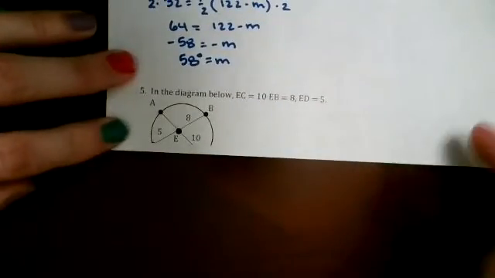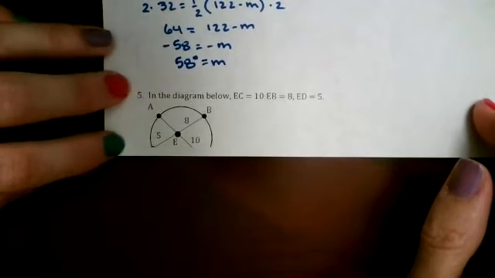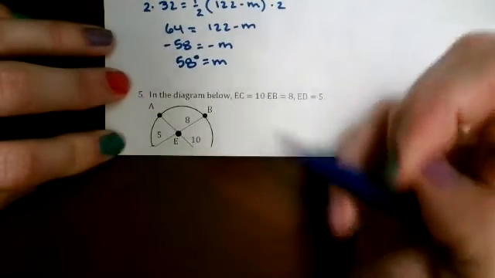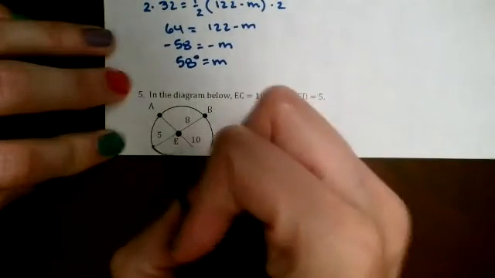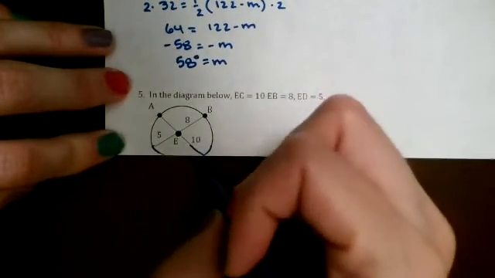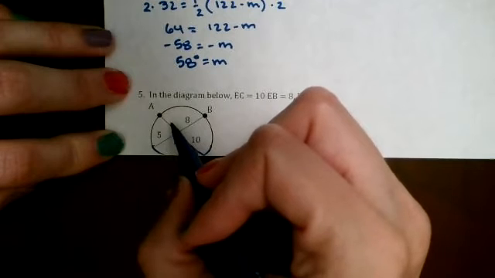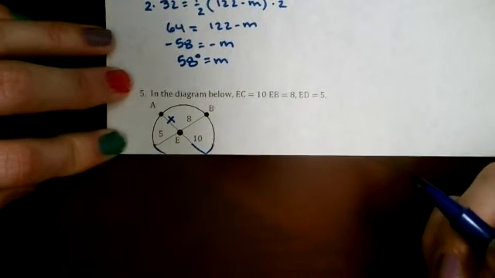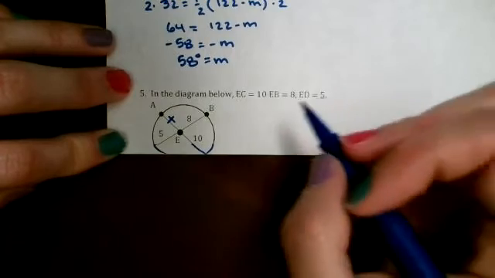Okay, in the diagram below, I see that when I printed this out, it got cut off at the bottom, but we've got all the information we need. It's a circle. This would just continue down here with 2 chords, and we're looking for this missing piece. We're looking for AE, so I'm going to put my X here. On your papers, this would be at the top of the next column.